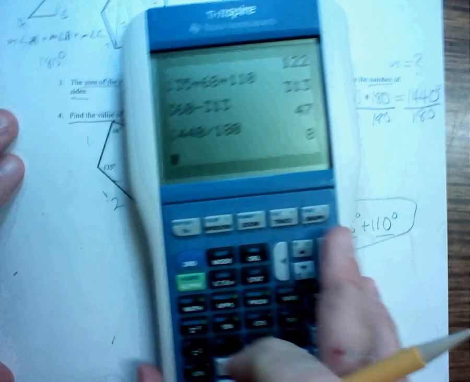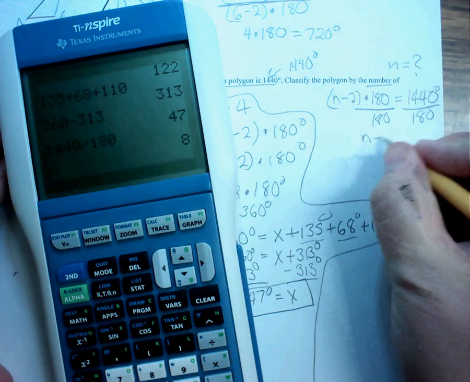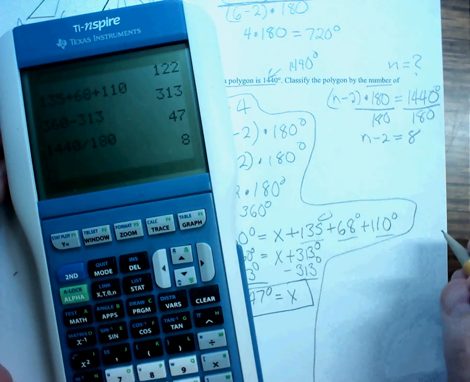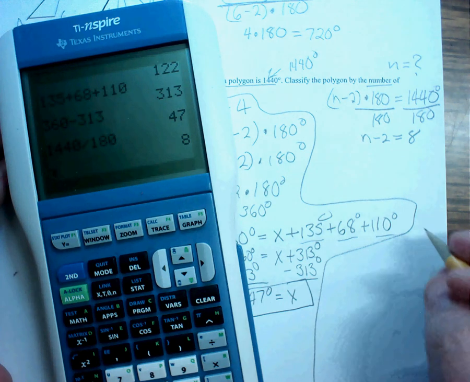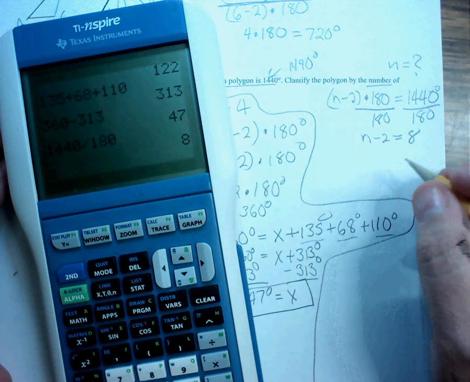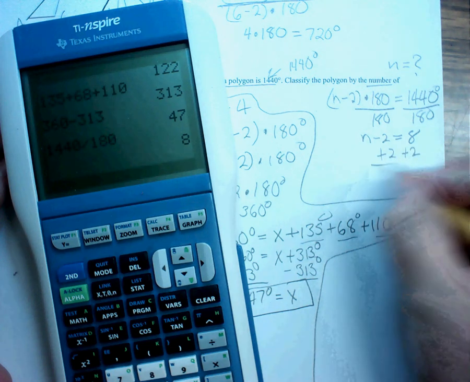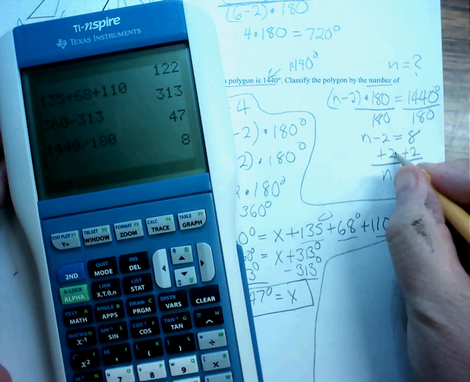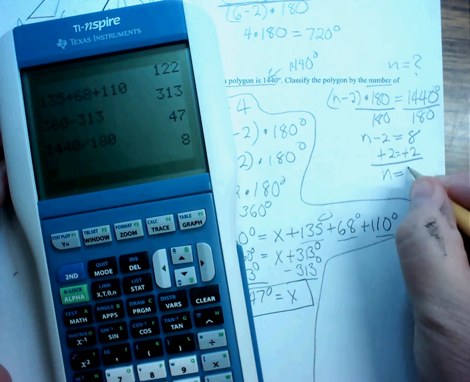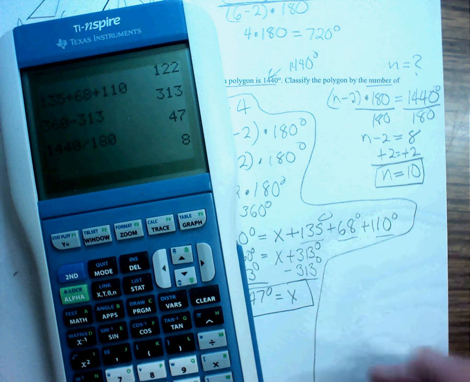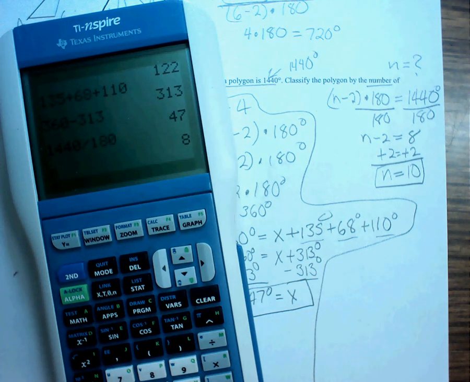So that means 8. So then I say n minus 2 equals 8. What do I do to get n by itself? Add 2. Yep, and then when I add 2 to both sides, I get n equals 8 plus 2, which is 10. So how many sides did that have? 10 sides. What do we call that? A big number. I think it's decagon.